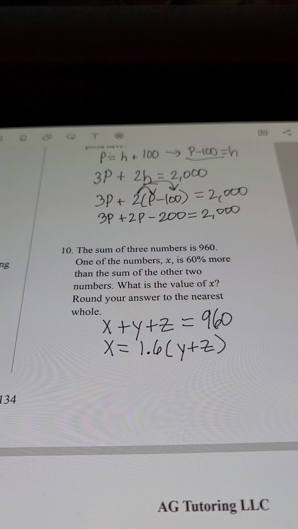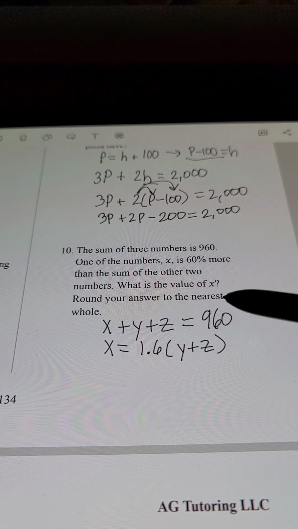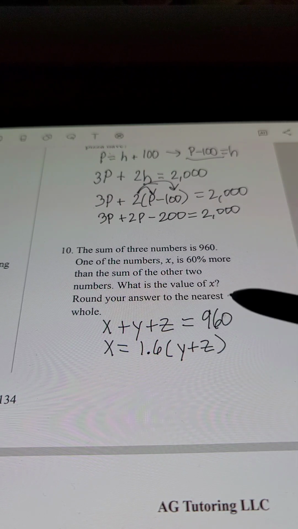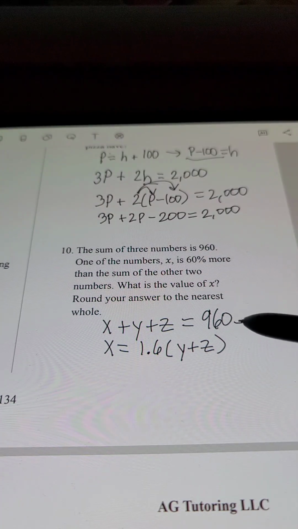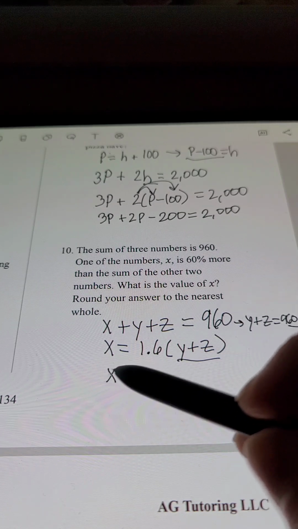So we're trying to solve for what x is. So I'm going to try to replace this y plus z, and I'm going to do that based off the first equation. I see if I subtract x from each side, I get y plus z is equal to 960 minus x. So now instead of y plus z, I can plug in 960 minus x, and I have only one unknown, x, to solve for.